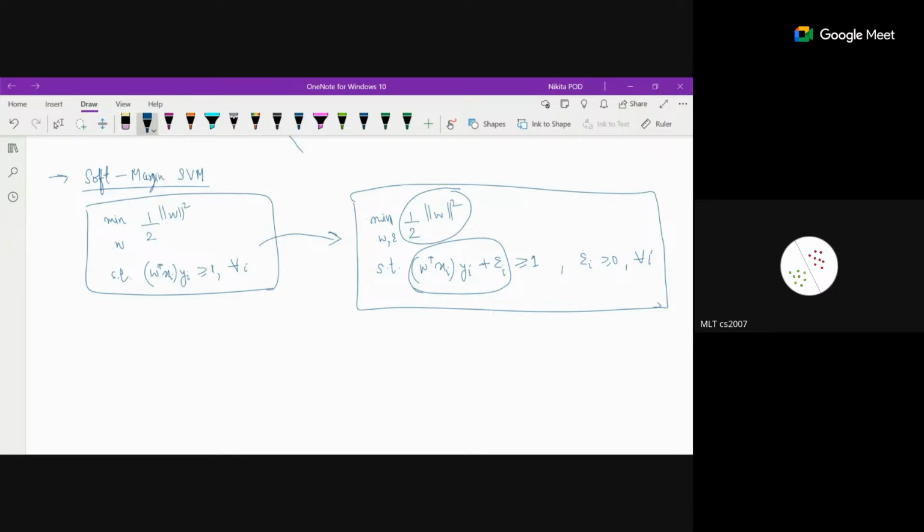So we also have to consider that any data point cannot just pay something and go to the right side without affecting my objective, right? So we'll make one more addition to my objective, which is some C times the sum over epsilon i, where i goes from 1 to n.